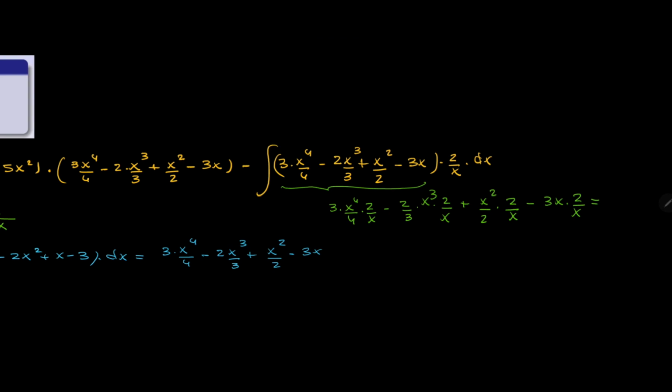And now we have 6 over 4 times x cubed minus 4 over 3 times x squared plus x minus 6, and that's the expression that I have to integrate.